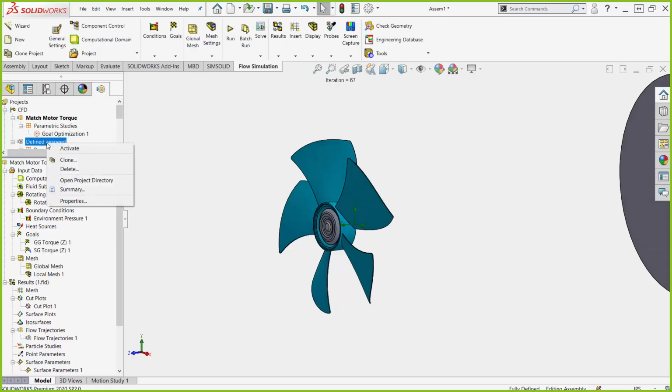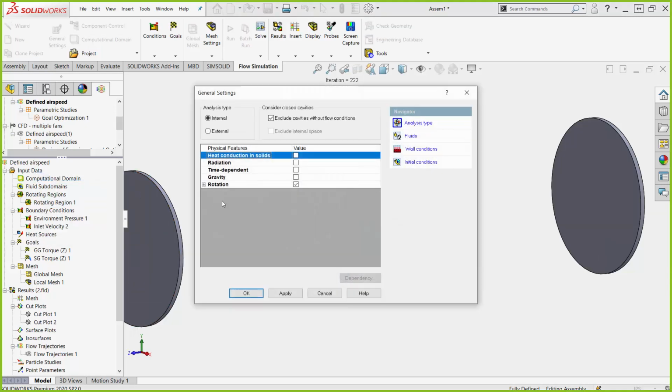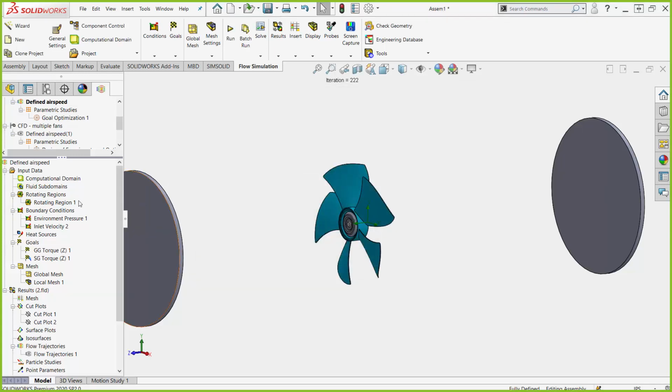So, same setup. I come over here to my next project. Nothing has changed in the fan and in the wind tunnel. Nothing has changed in my initial wizard. I'm still using a local region averaging. But I've chosen some random RPM now. Now I'm using 20 RPM.